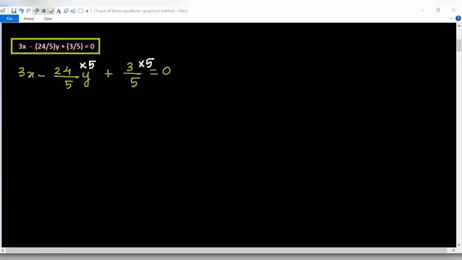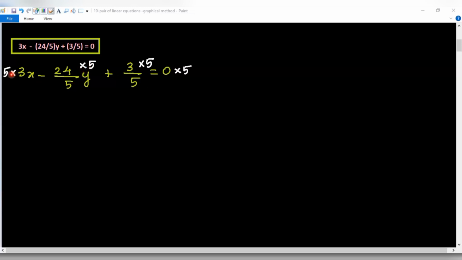When we multiply by 5, what happens? This 5 and 5 will get cancelled, right? So here also we have to do that multiplication. And here also we have to do that multiplication. See, when we have an equation, when we multiply a term with a number, we have to do the same multiplication throughout. Each and every term in that equation should get multiplied.